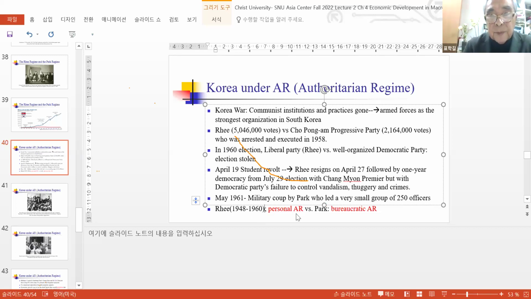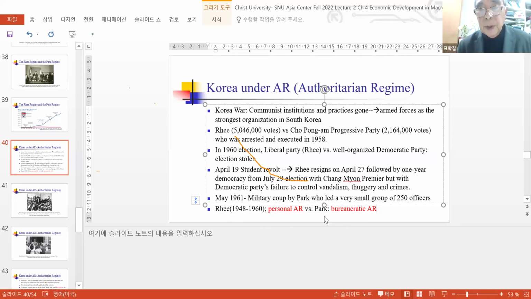What does that mean? This authoritarian regime was run by personal dignity or personal kind of dictatorship, personal influence. On the other hand, Park regime was more organized, bureaucratic, authoritarian regime. So we can compare Ri regime and Park regime.